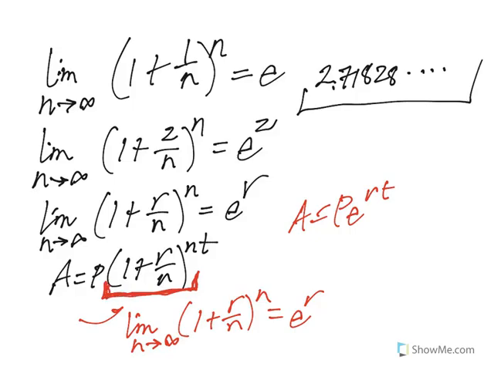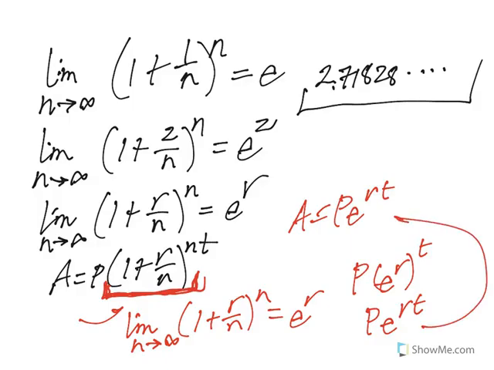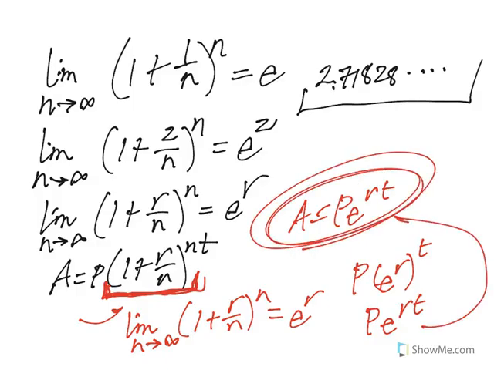So if I replace this bracketed portion with e to the r, I get P times e to the r to the t. Power to a power, you multiply. This is PERT, which gives me a PERT, which is y. I switch from Apple Runt to a PERT as the number of compoundings grows to infinity.